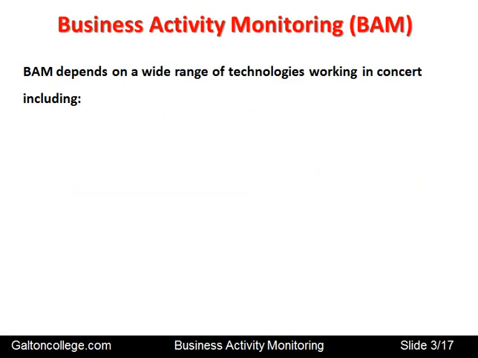So business activity monitoring depends on a wide range of technologies working in concert. So normally it might be people on the shop floor using their eyes and their senses, looking at output, picking it up and turning it around and seeing if it's roughly what was required. It might be using technologies such as gauges and measuring instruments to see if it's of the right dimensions and the right weight.